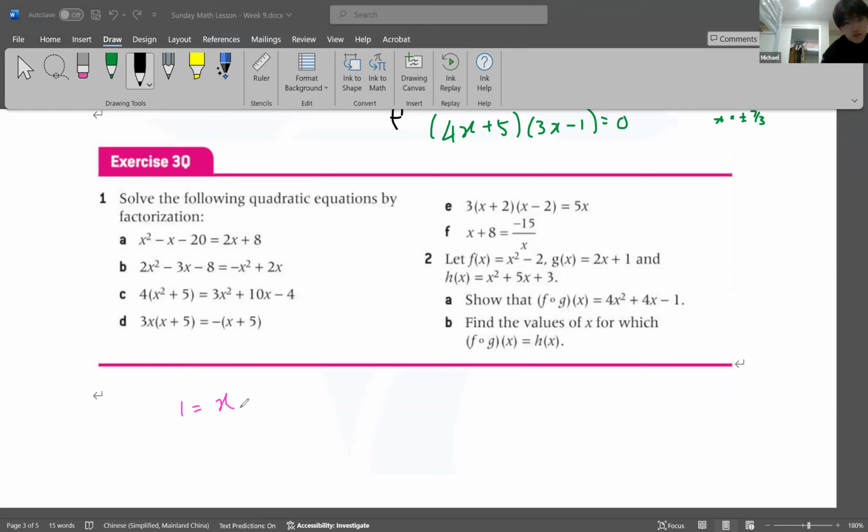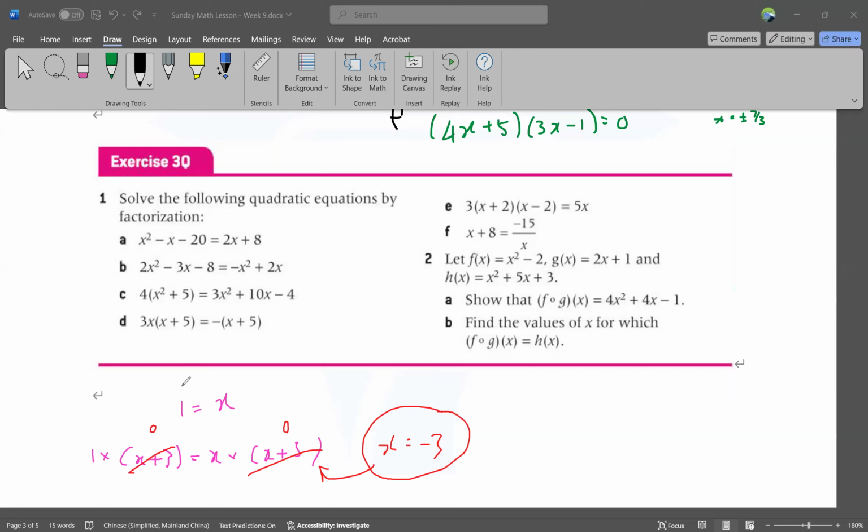But now, let's say 1 times x plus 3 equals x times x plus 3. Sure, you can just cancel it. But what if you substitute x equals negative 3 here? x equals negative 3 is a solution because this goes to 0 and this goes to 0, right? Hannah, yes? But if you cancel it, it simply becomes this, and you got rid of a possible solution.